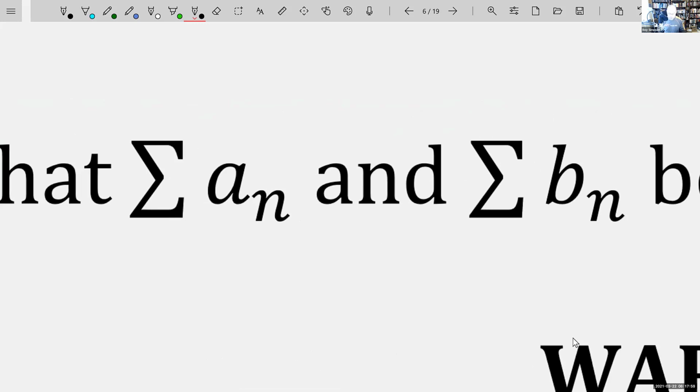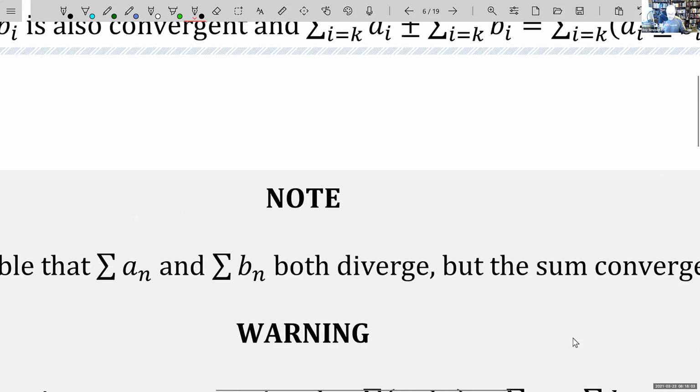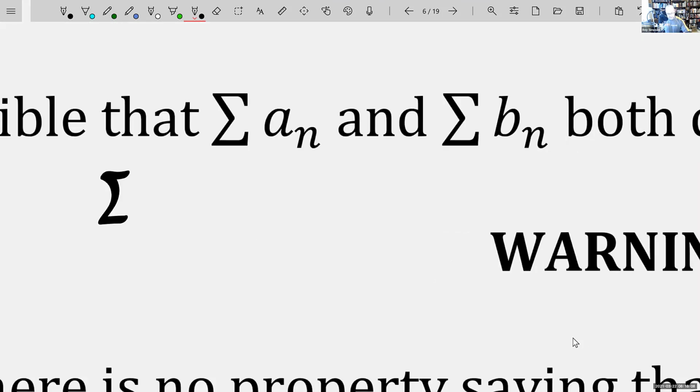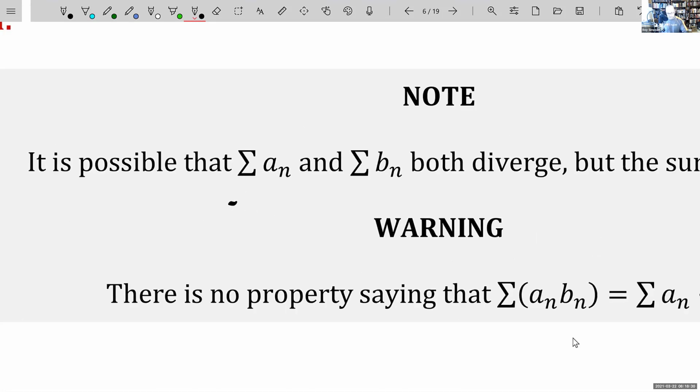It's very possible that both those diverge, but the sum converges. That does happen every once in a while. It's not actually unique. It's just kind of an interesting result, but not a biggie.